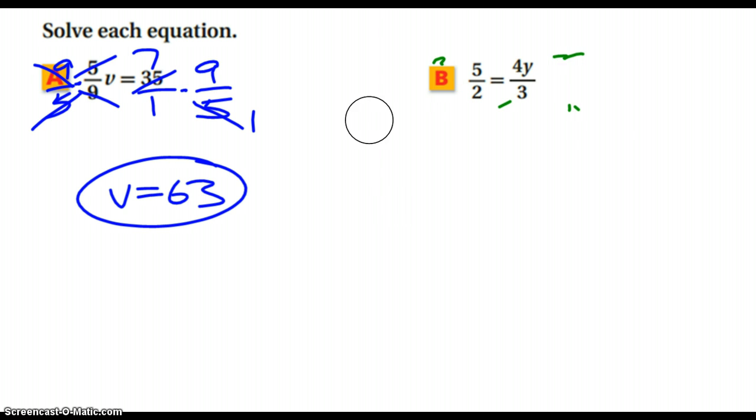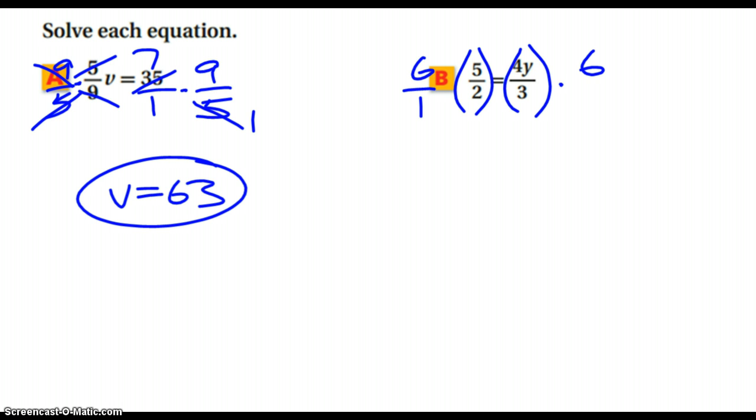The only other thing that I would recommend at this point in time is you can multiply both sides by 6, the least common multiple between 2 and 3. And here's why. Because if I do that, I've got 6 and 2, so divide by 2.